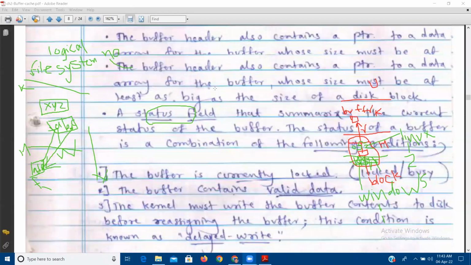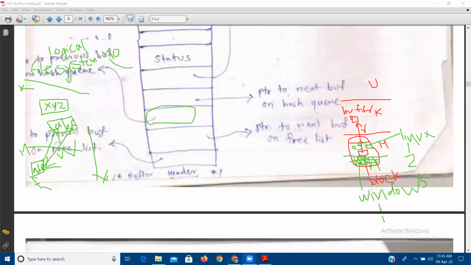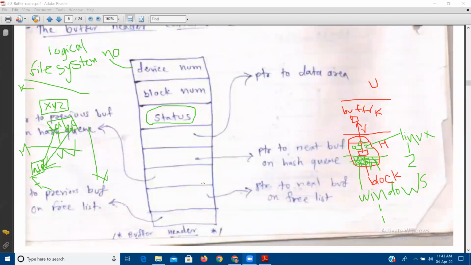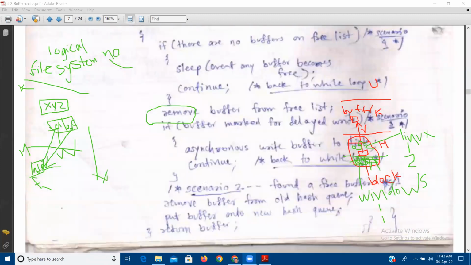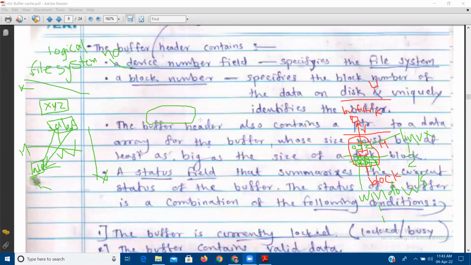So note it down. This is about the third point. We are discussing this diagram. Here is the diagram, right? After that, you can just note it down. This is the device number, also called the logical file system number. Block number specifies the block number of the data on the disk and uniquely identifies the buffer.